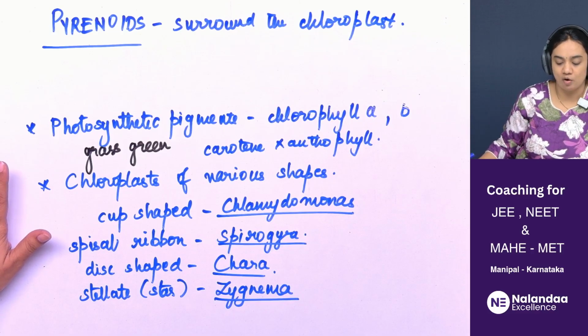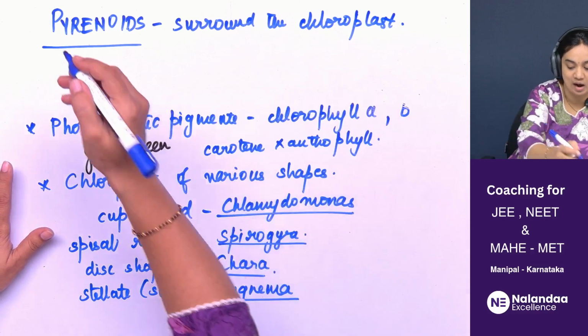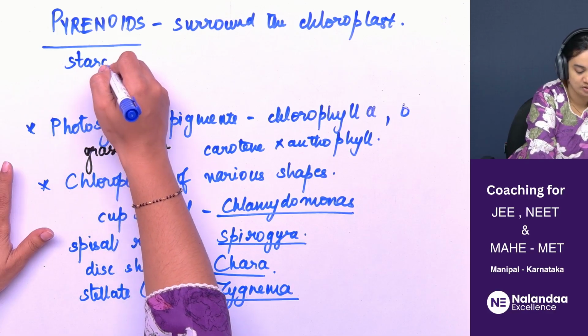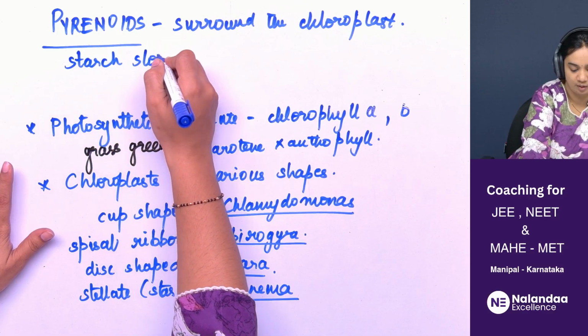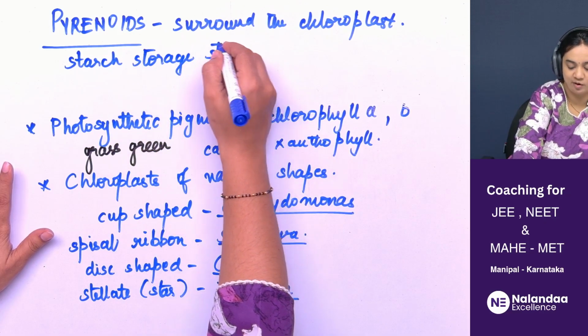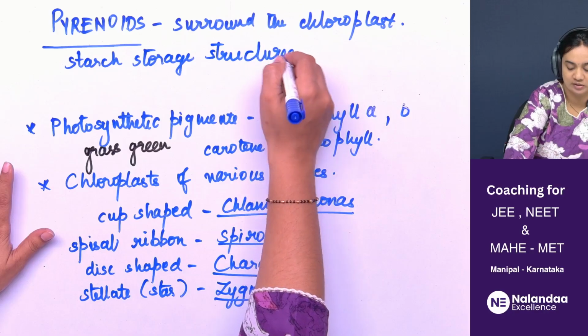So pyrenoids are starch storage structures. Pyrenoids are also seen only in algae.